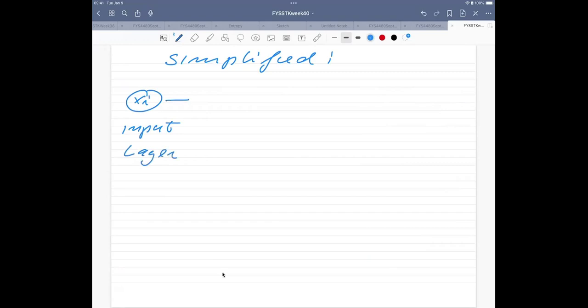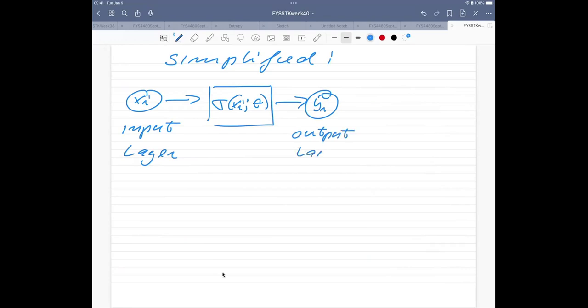Then we are going to have an activation function, which will depend on x of i and theta, and then it produces an output, y of i tilde. This is the output layer of the model. This is a model which we are making. You could have done exactly the same with ordinary least squares or ridge regression or lasso regression. There is no difference here.